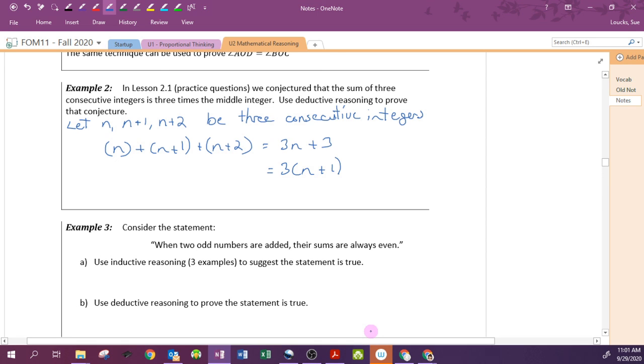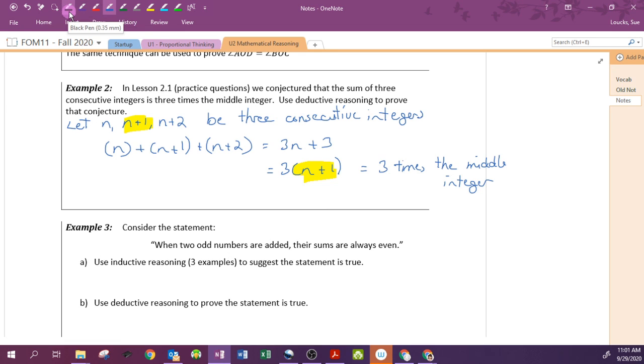Because 3 times n plus 1 gets me 3n plus 3, which equals 3 times the middle integer, because my middle integer was n plus 1. Okay, any questions?